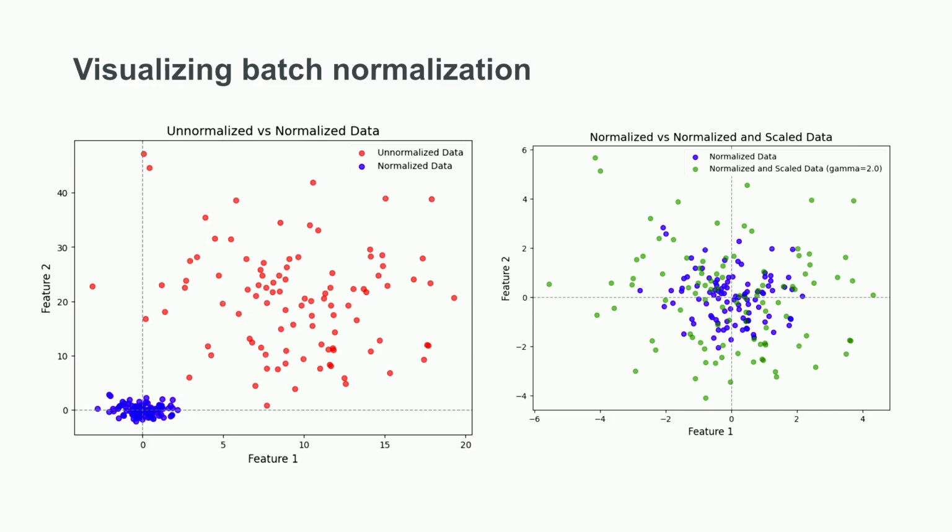On the right of the plot, we see green points showing normalized and scaled data, where the scale is adjusted by the learnable parameter gamma, that here is set to 2. And this is something that we would learn during training. So we will set this learnable parameter to values that actually reduce the loss function.